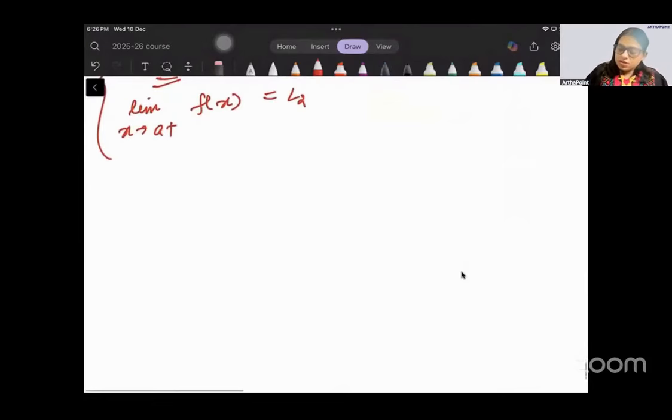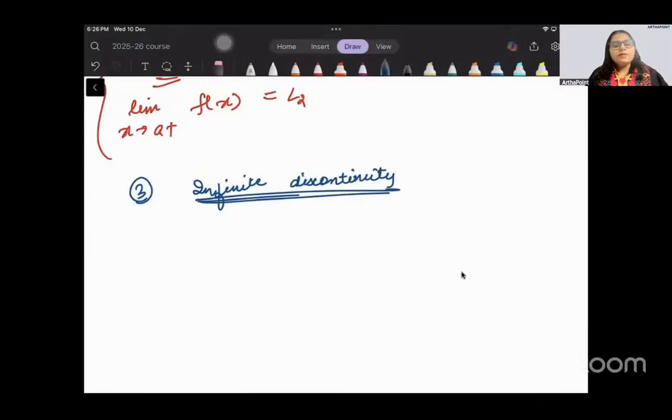Now, the third one that we may have, they are infinite discontinuity. Infinite discontinuity means that as your x goes towards a, f(x) may go towards plus minus infinity. Okay.